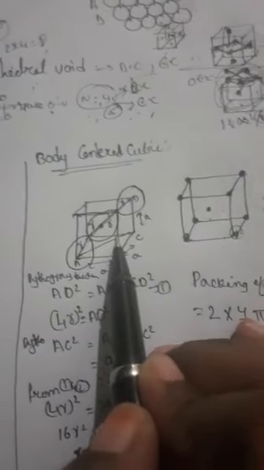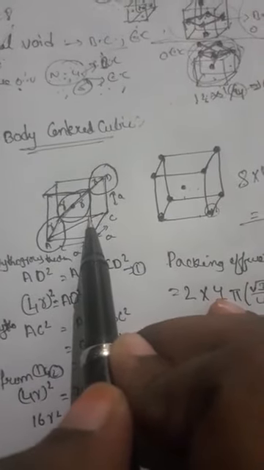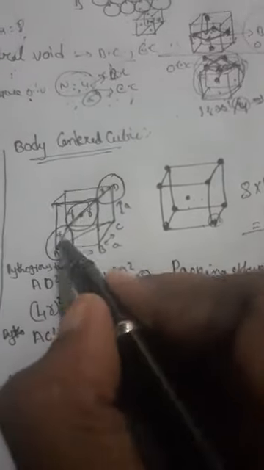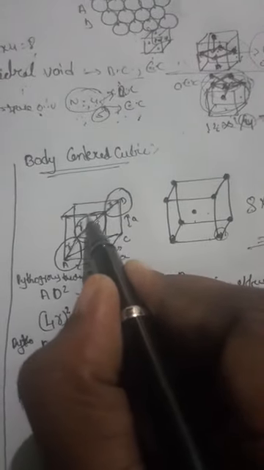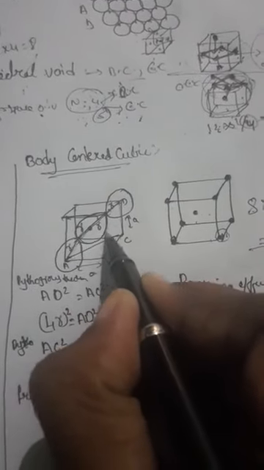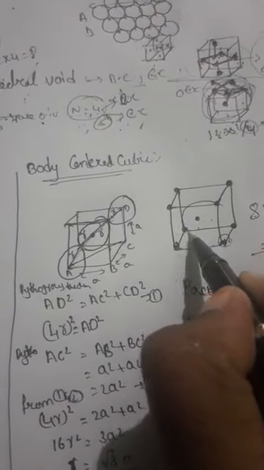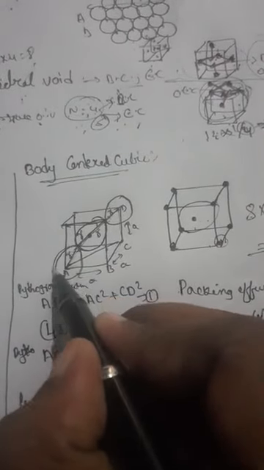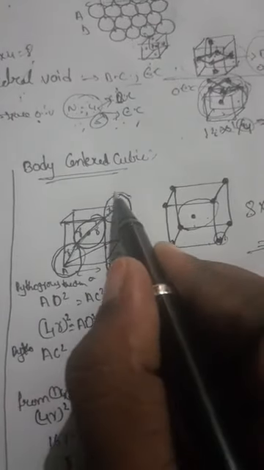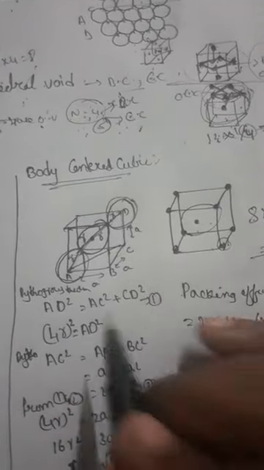Now let us take a cube. Okay, so in the body centered unit cell, I am taking a complete sphere. This, touching the atom, is one sphere I am taking, and here also this is one sphere, and this is one sphere I am considering.